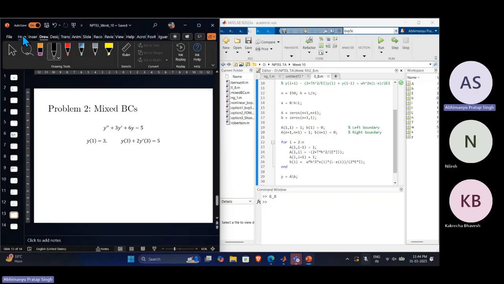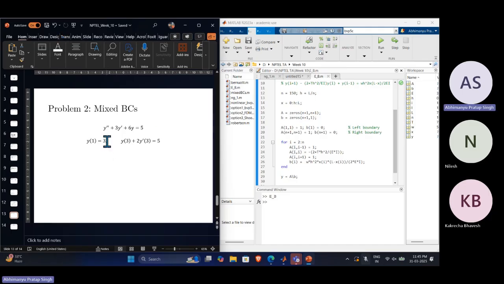So let's look at another example. This one is related to the mixed boundary condition.